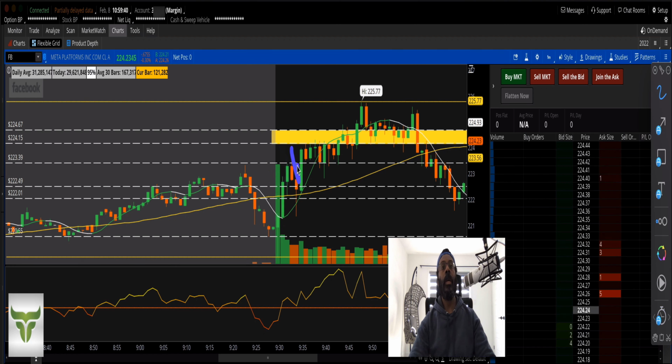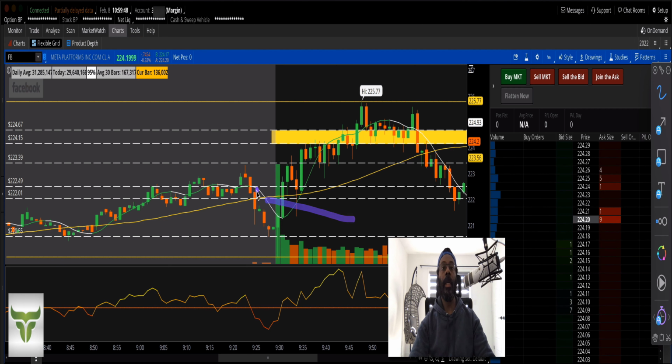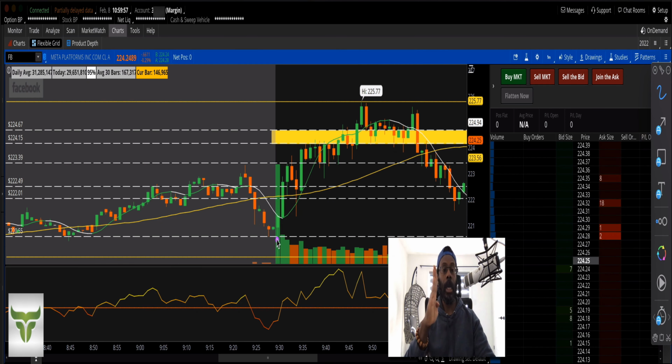So when it opens up under the box, we know it's going to be a short. But remember what I've always said: if it opens up way below the box, like it did here, we know that it's going to go into either A, an uptrend, or B, it's just going to tank right out of the gate.